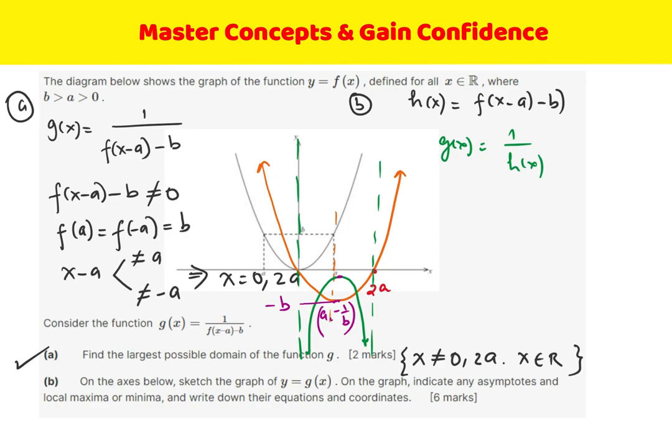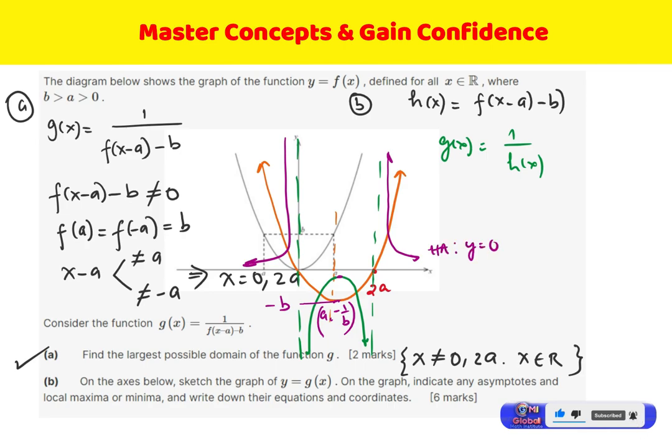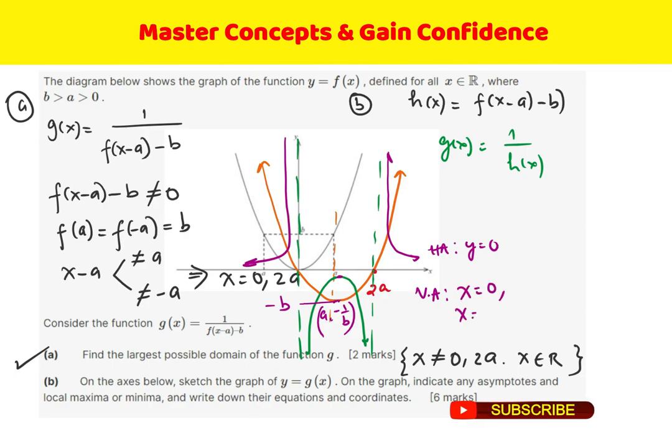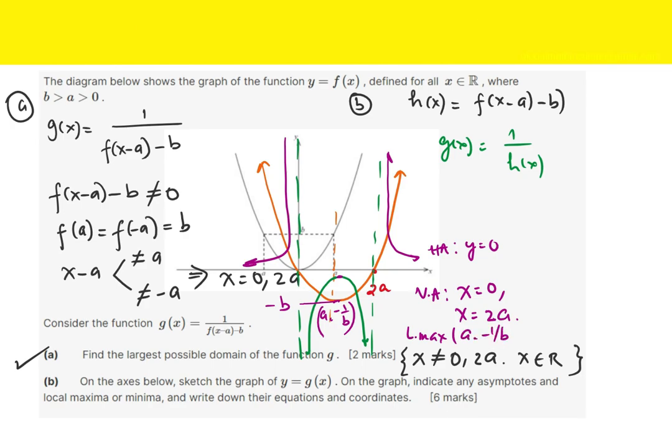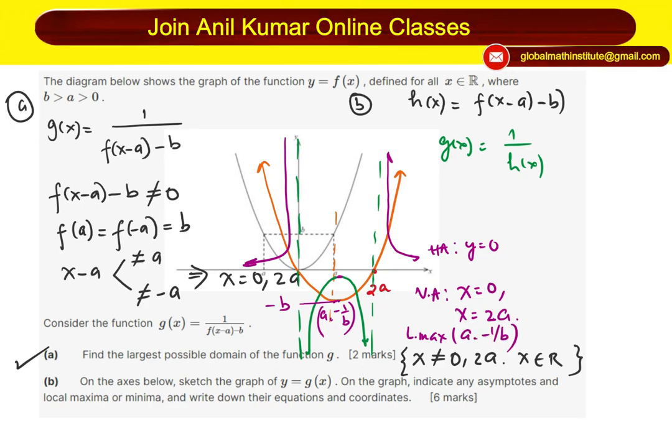And the right and left side of the graph will be kind of like this, like 1 over x, right? Horizontal asymptote being y equals 0, vertical asymptotes being x equals 0 and x equals 2a, right? And local maximum being at a, minus 1 over b. So that is the summary of our learning.